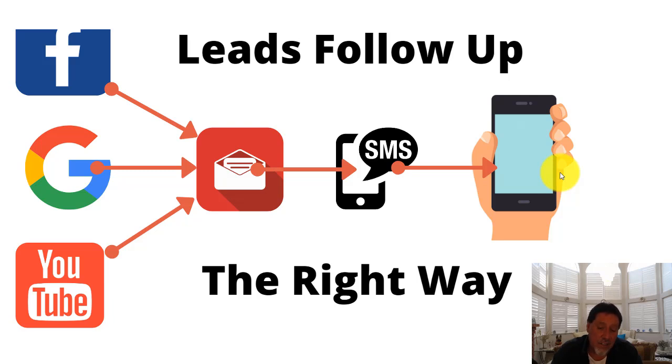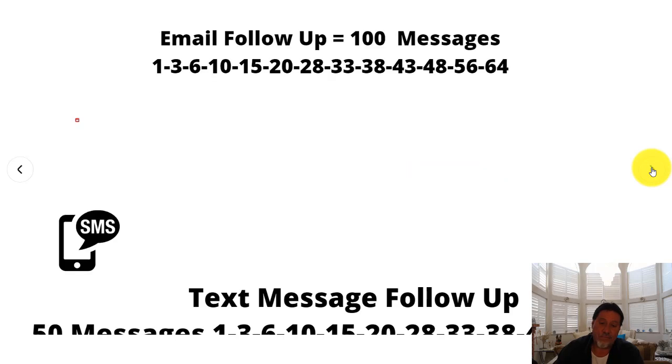So we always tell everybody, as soon as you get the notification, try to contact them within the first hour or 2. Don't wait longer than that. Most agents don't do that, which is kind of weird, right?